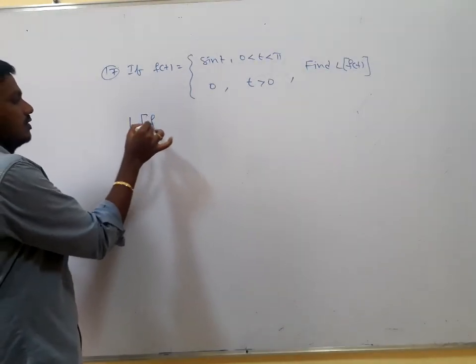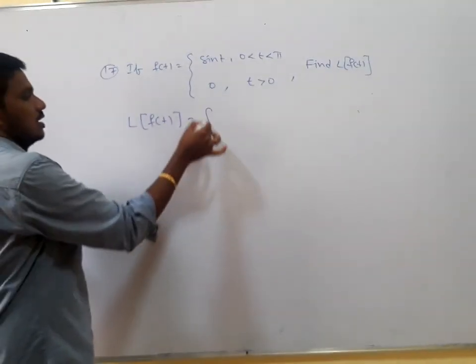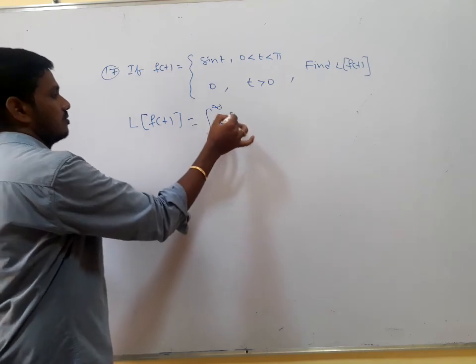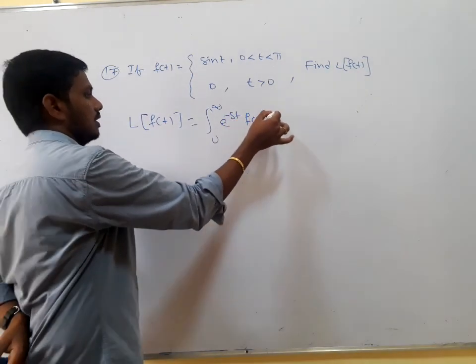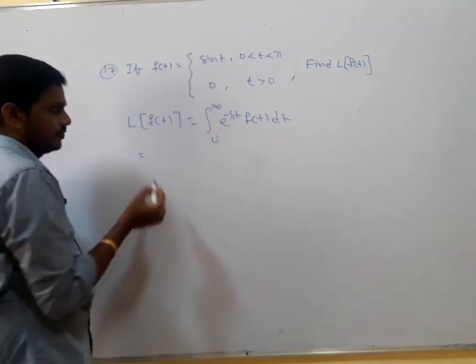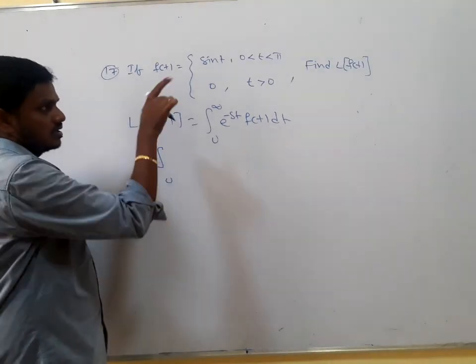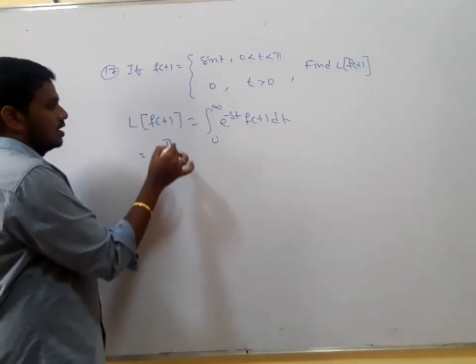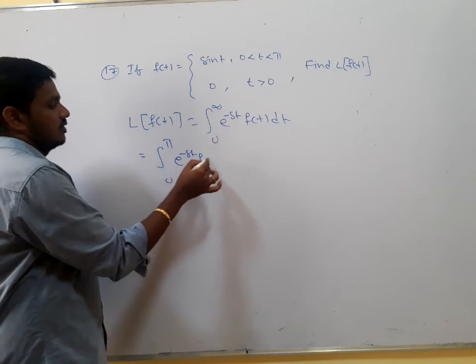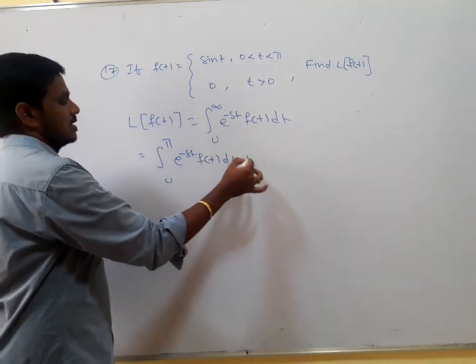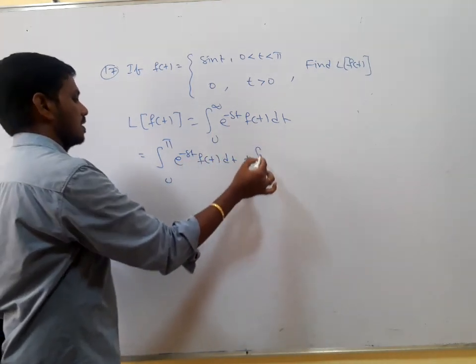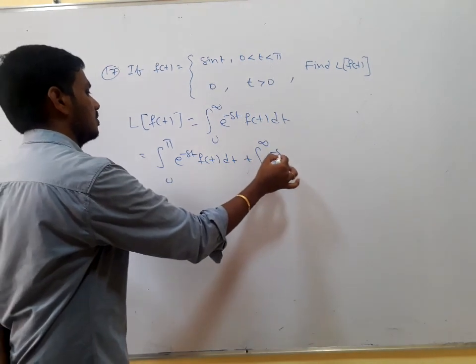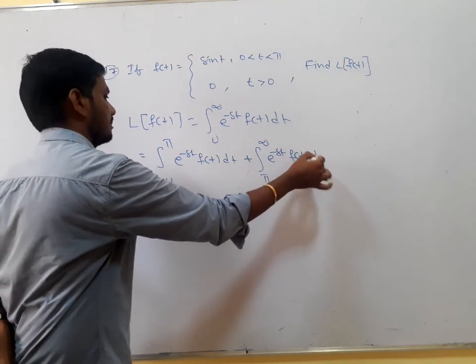Laplace transform of f of t is equal to the integral 0 to infinity e to the power of minus st f of t dt. Here the function is defined in two cases: integral 0 to pi e to the power of minus st f of t dt plus integral pi to infinity e to the power of minus st f of t dt.